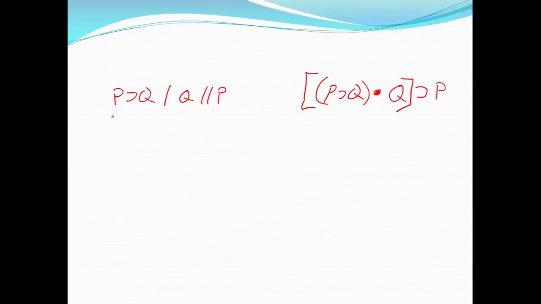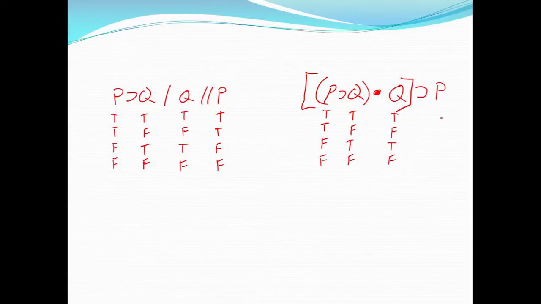Now I'm going to solve both of these side by side. So we have true, true, false, false, true, false, true, false, true, false, true, false, true, true, false, false. Same thing over here. Continue solving.